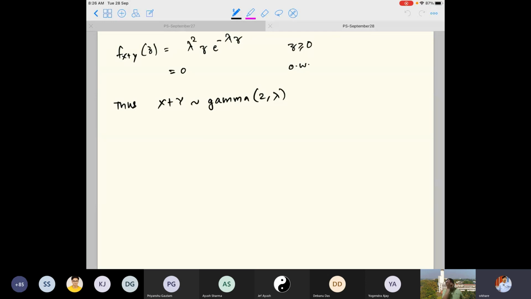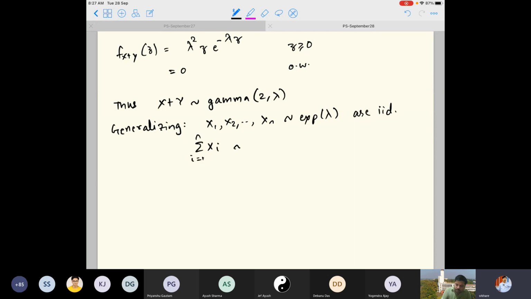And you can generalize this result and write it down. If X1, X2, up to Xn are exp(lambda), independent and identically distributed, then the sum of X1, X2, up to Xn is basically gamma(n, lambda).